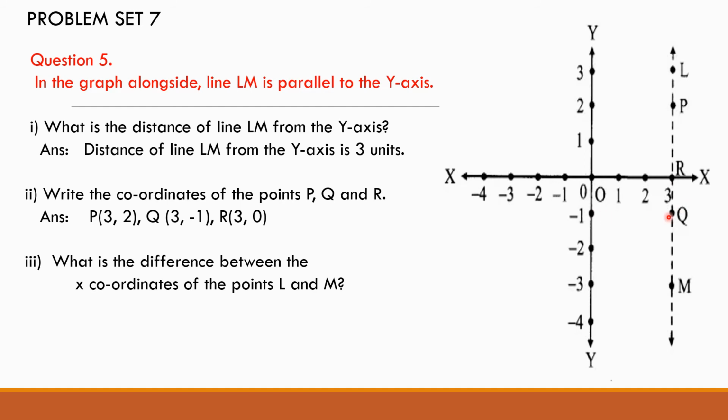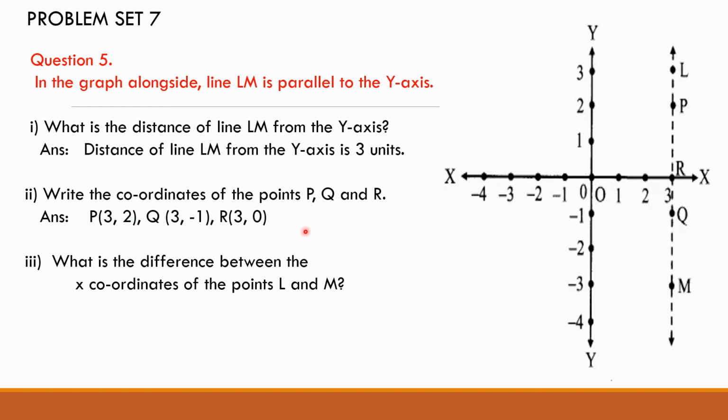Therefore the coordinate of Q is (3, -1). For R, the x coordinate is 3 and the point lies on the x-axis, so its y coordinate is 0. Therefore the coordinate of R is (3, 0).